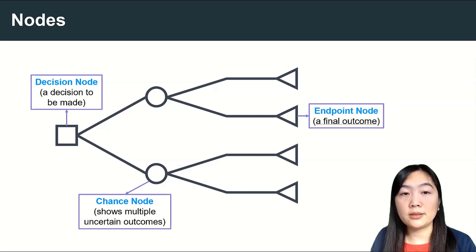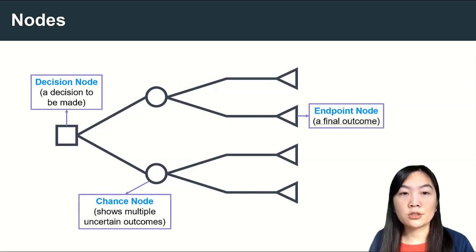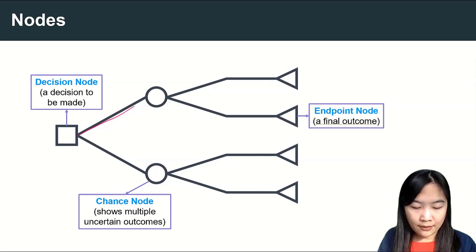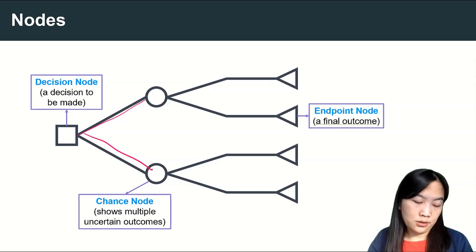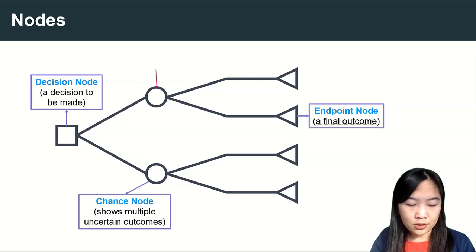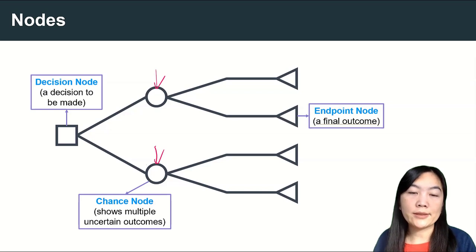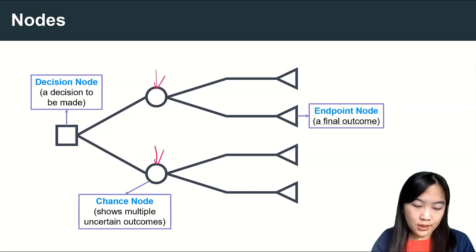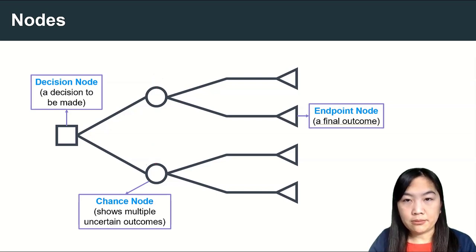That also means that at that node, the producer or the decision maker should make a decision. And after that, that decision node branches to two other nodes here. Those are circles, and that's the chance node. So the circles are the chance nodes, and that's showing the multiple uncertain outcomes. Let me first give you the names, and then I will give you an example.